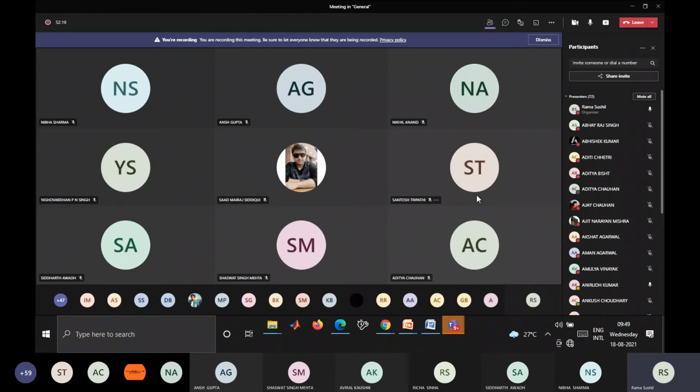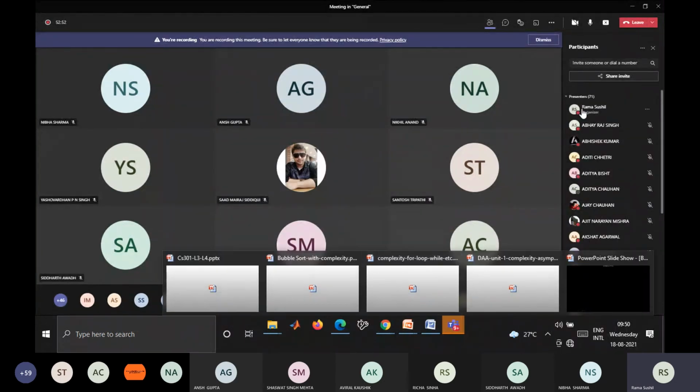By finding the particular constant and the minimum value of n, which we represent with n0. You will see such things in your assignment also. Today is your last lecture for this week. Whatever we have completed, I will create an assignment for you.